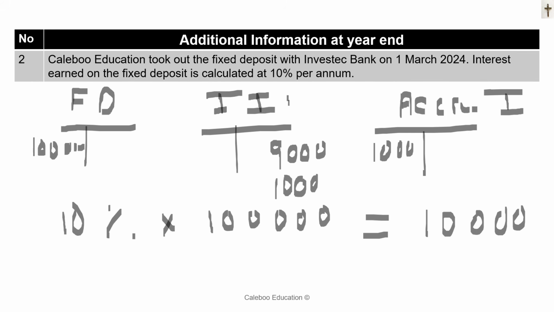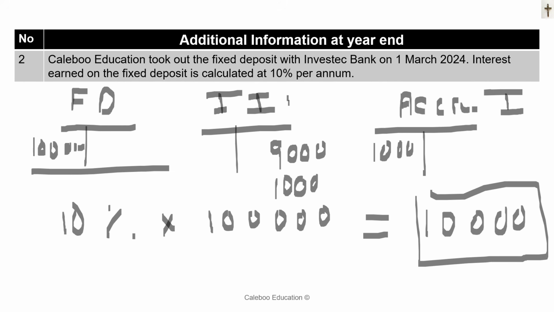Now we take our workings and we put the information onto the statements. Just note the fixed deposit amount didn't change. We only needed that 100,000 Rand number to calculate what the interest should be, what should be showing in the interest account. So the adjustment was 1,000, the interest increased, and accrued income was debited with 1,000.